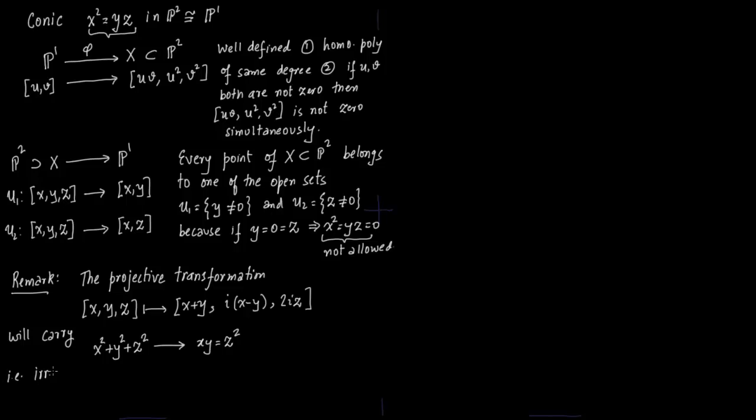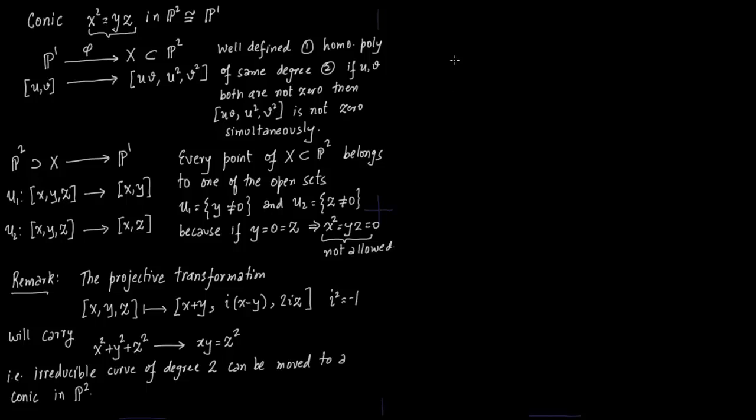So the remark basically says you have a projective transformation which will carry any irreducible curve of degree 2 to a conic. So this is a fun fact. That is, an irreducible curve of degree 2 can be moved to a conic in P2.